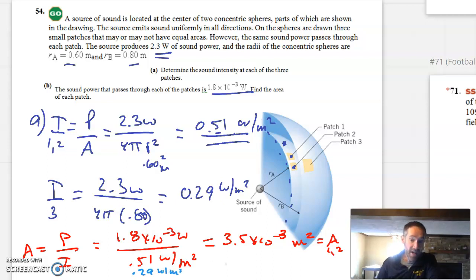A math kid will say, well, you're dividing by a smaller number, so the answer is bigger. Of course, they're right. And a physics kid would say, well, if it's less intense farther away, then the area is going to have to be bigger to catch the same amount of energy. And if you run the numbers, you'll see that you're totally right on that. 6.3 times 10 to the minus 3 square meters on that area.